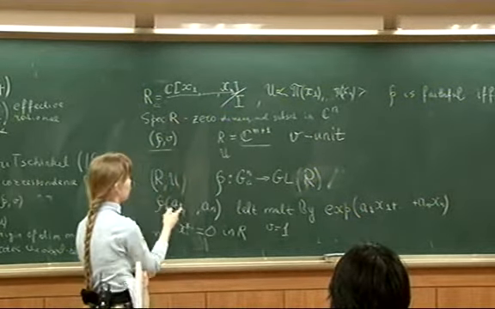It is some representation, any representation. If we take some pair, then it lets us construct the algebra R, which depends on rho and on v, of course.